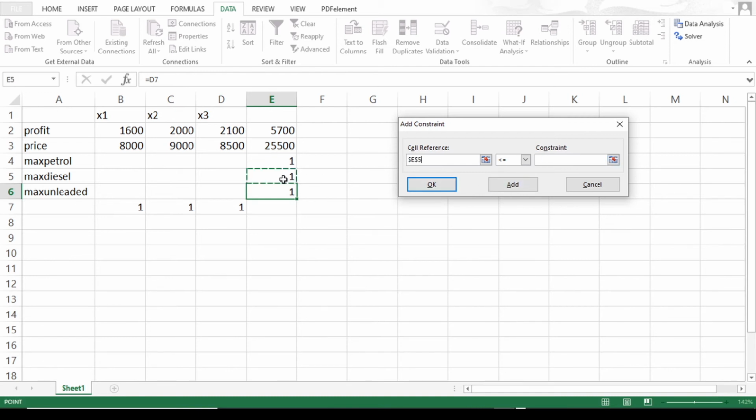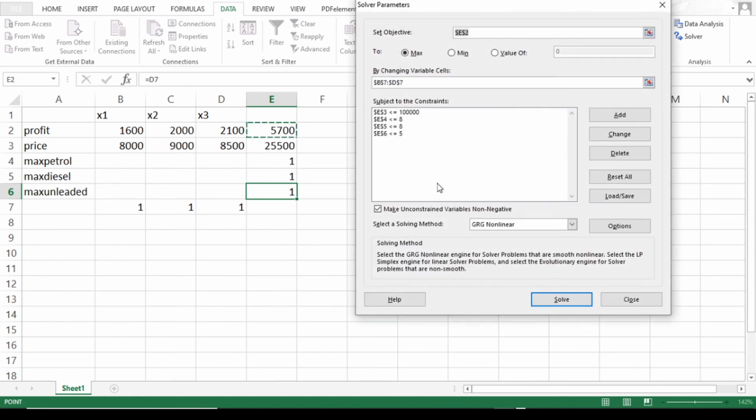The storage space for diesel must be less than or equal to 8 tons. And then the storage space for unleaded petrol is a maximum of 5 tons. If you have typed in your last restriction, you click on OK.